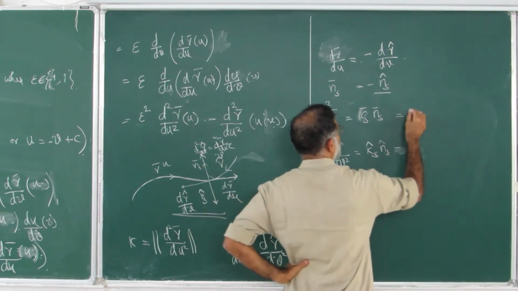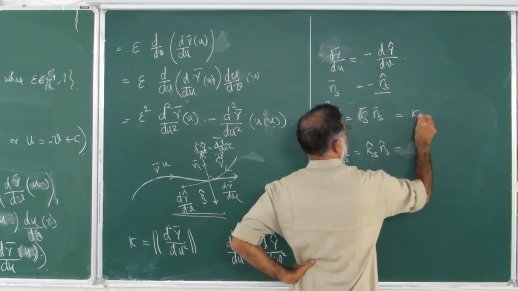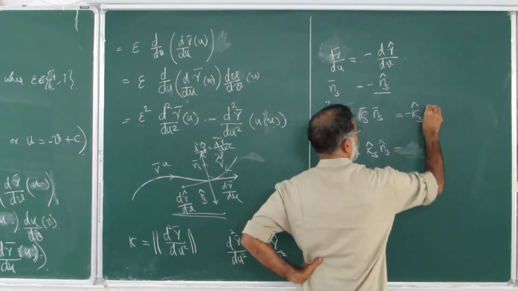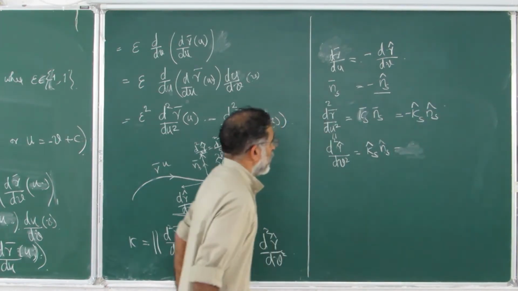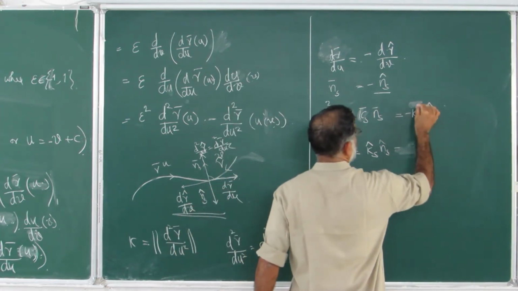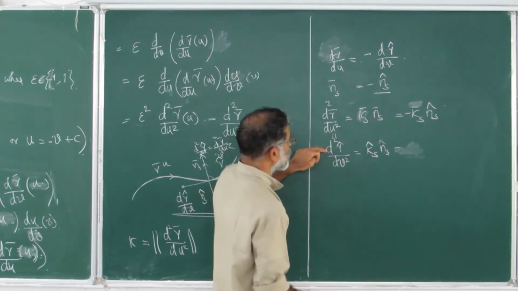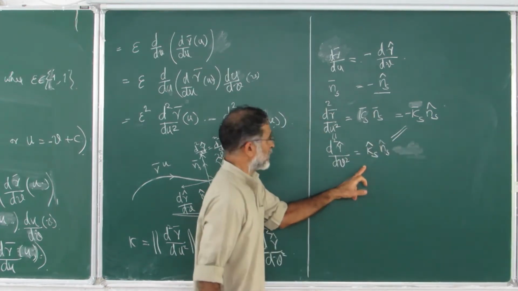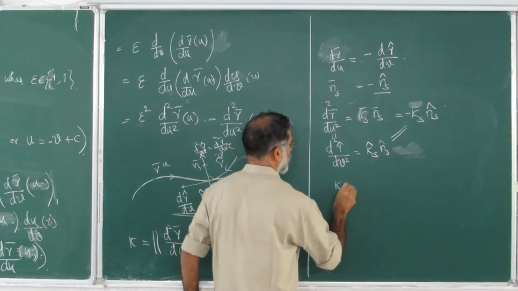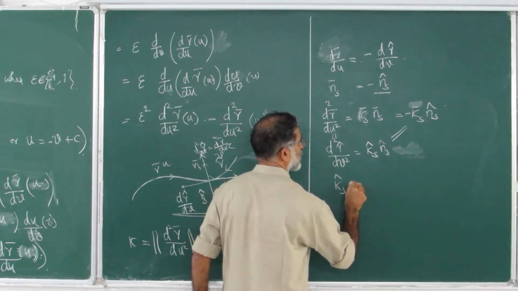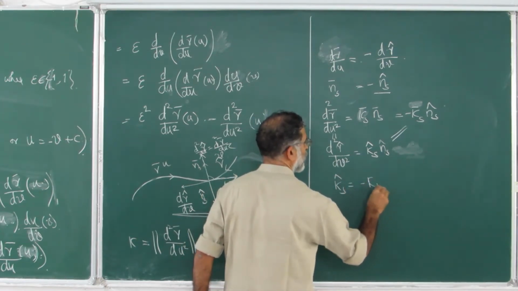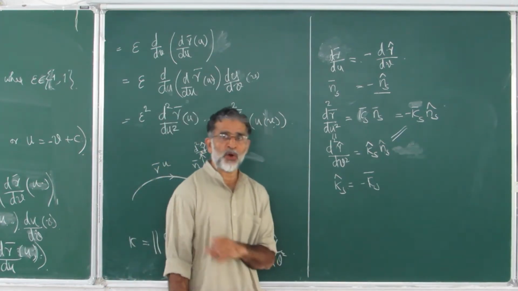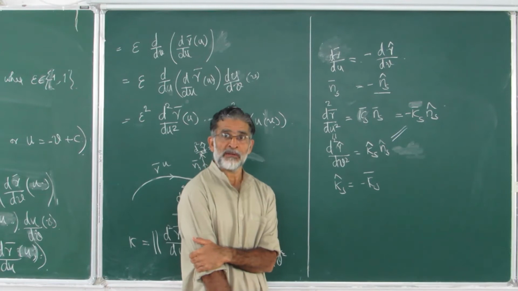So you can write it as ks bar times minus ns cap. But these two are the same, therefore these two have to be the same. Therefore your ks cap, kappa s cap, is the negative of ks bar. So signed curvature depends on the parameterization.